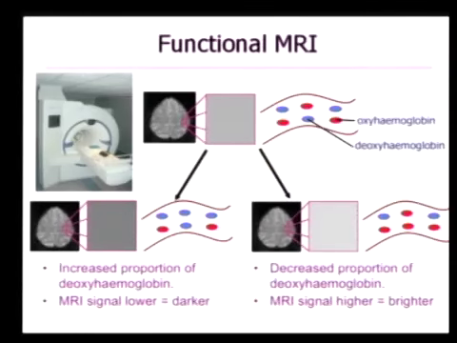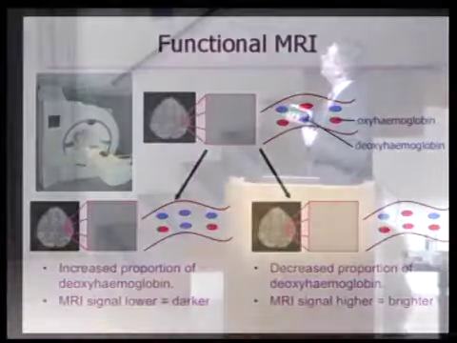What fMRI makes use of is, as I just mentioned, an increase or an initial decrease in oxygenation. If a part of the brain is active, the neurons will use up a lot of the oxygenated blood that's around. They'll take the oxygen away, and you'll go from oxyhemoglobin to deoxyhemoglobin. But there actually turns out to then be a compensation.